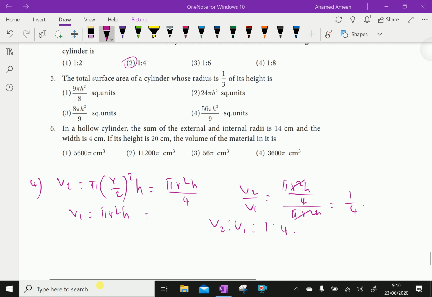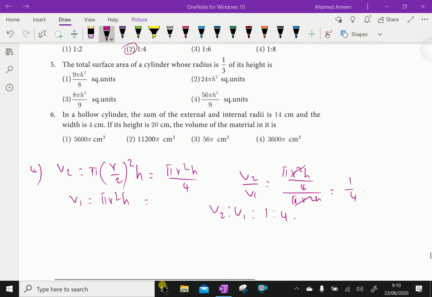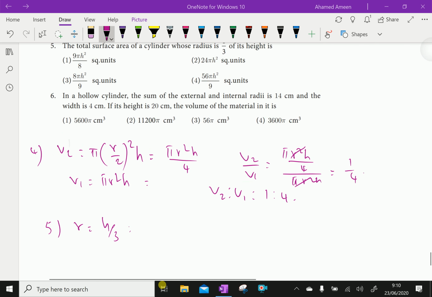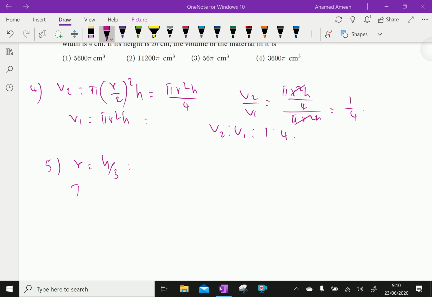Now question number 5. The total surface area of the cylinder whose radius is 1/3 of its height. Here radius is h by 3, because 1/3 of its height. They are asking about the total surface area of the cylinder.